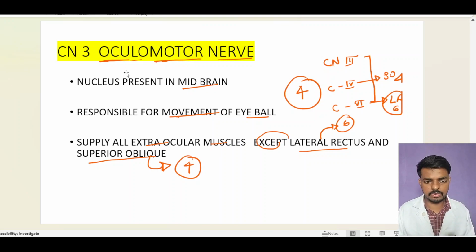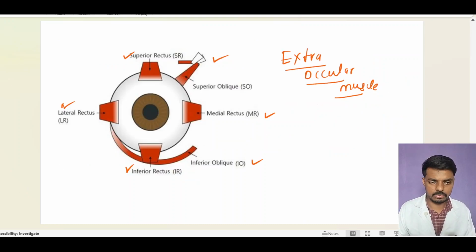So this is our cranial nerve number 3, the oculomotor nerve. Which muscle is supplied by which nerve? I will first clarify which are not supplied by the oculomotor. SO4, the superior oblique, is supplied by the 4th cranial nerve, and our lateral rectus is supplied by the 6th cranial nerve.